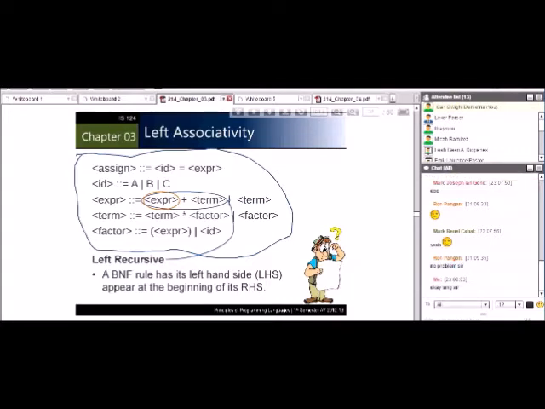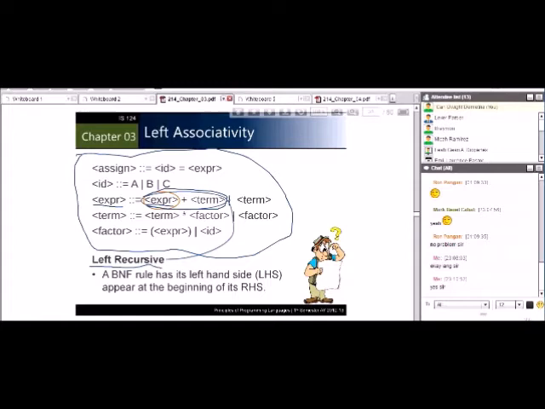So, associativity muna tayo. For this particular example, this is left associative because of left recursiveness. Okay. Now, observing the grammar, do you get this point? Nakasunod ba kayo? Left associativity. In left associativity, the left-hand side, for example EXPR, should also appear on the left side of the right-hand side. Ito yung rule, diba? The whole of this is our rule.